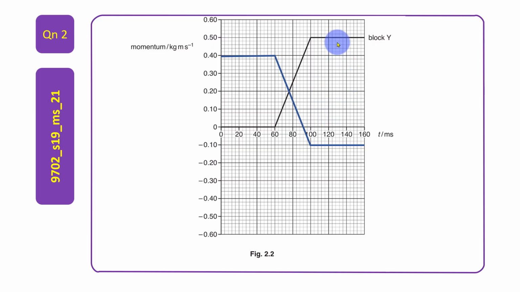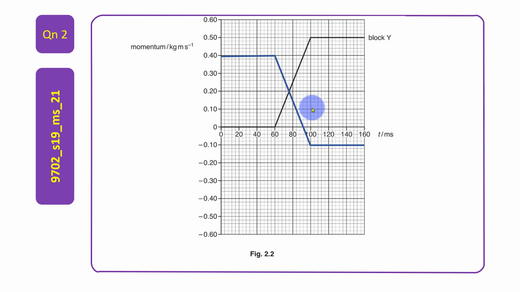That is why this one has to reduce to 0 and then increase in the opposite direction, so that its change in momentum all the way from here to this point must be equal to the change in momentum of y all the way from here to this point.